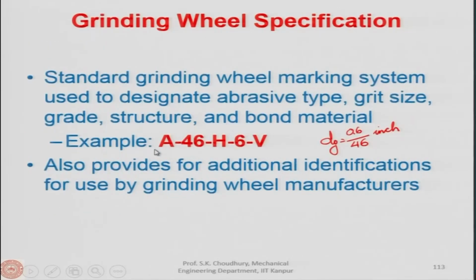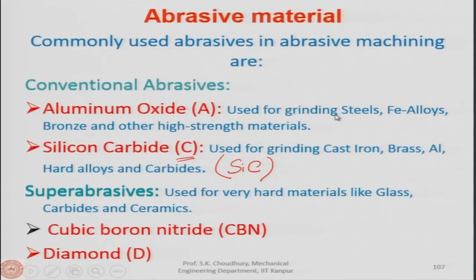So, if you have a grinding wheel with this designation, you will know where it is to be used. For example, this grinding wheel cannot be used for grinding cast iron. Why? Because aluminum oxide is used for grinding steel, ferrous alloys and bronze, while for cast iron, which is a brittle and hard material, you need silicon carbide.